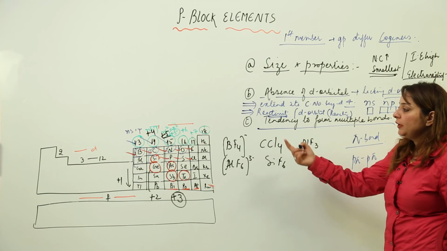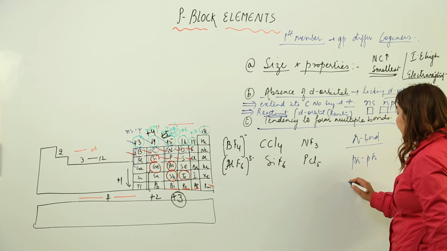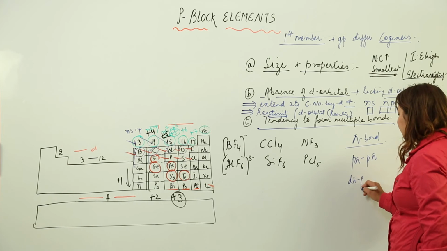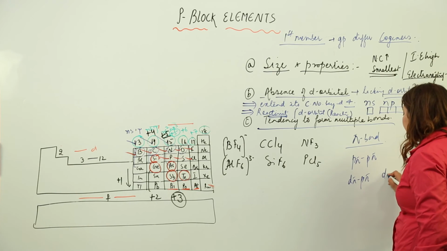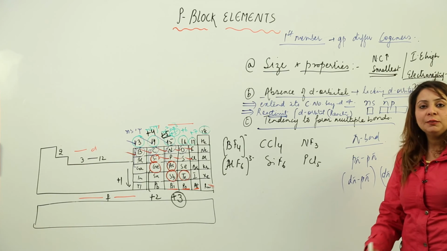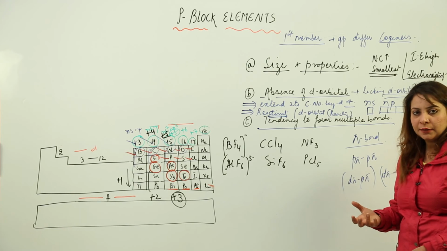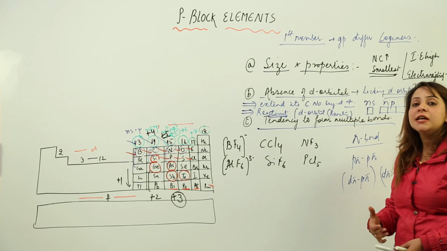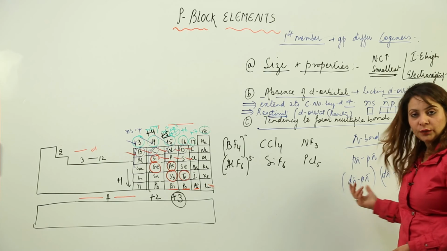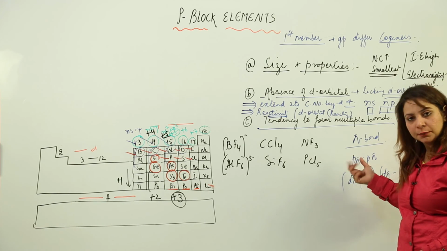But the lower members, which have d and f orbitals, can show d pi-p pi bonding and also d pi-d pi bonding. So they can show more kinds of bonds. The tendency to form multiple bonding is more in the case of those which have d and f orbitals as compared to those having only p pi-p pi bonds.